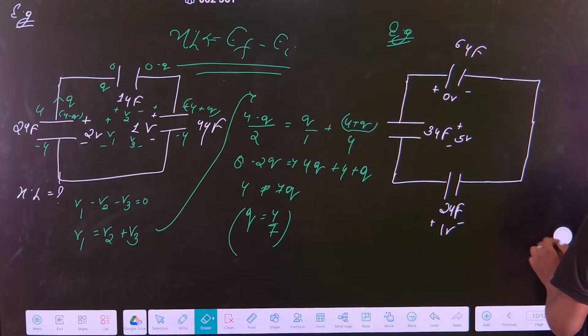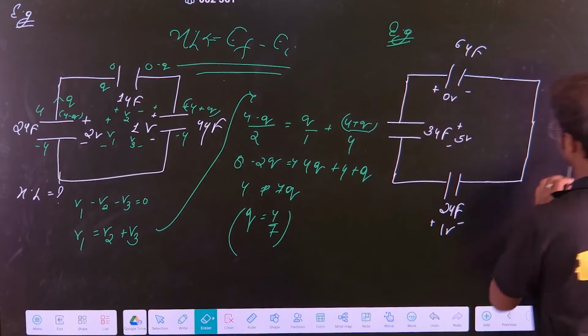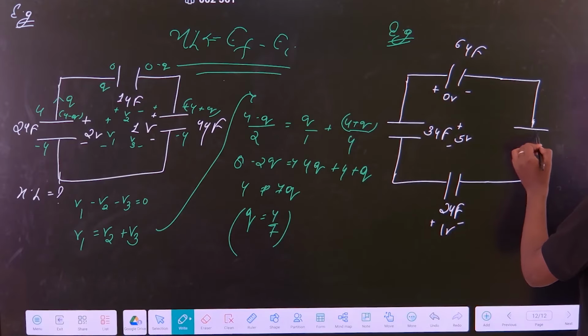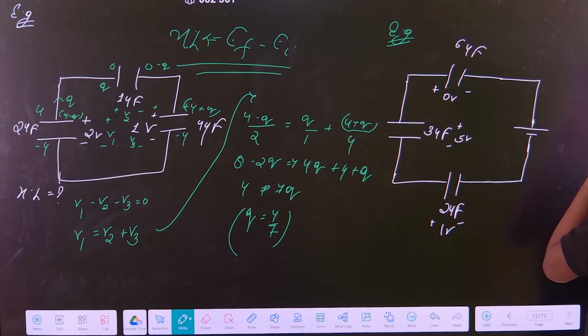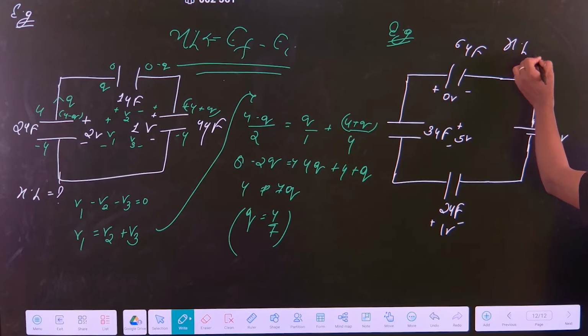If I want, I can do one more thing. That will be a very good question. Not a question, but it will be more mathematical. Let us add a 2 volt battery here. Now you calculate what is the heat loss.